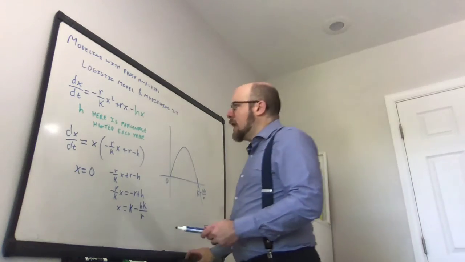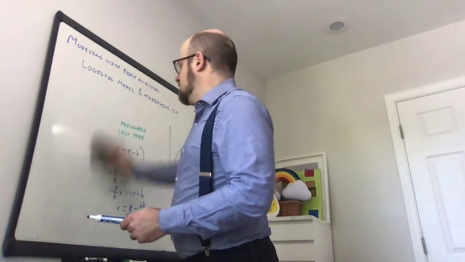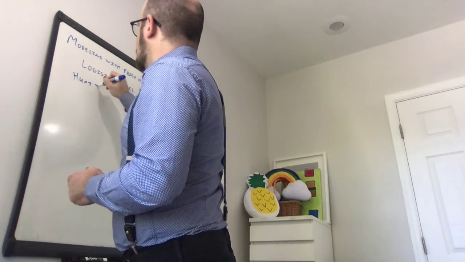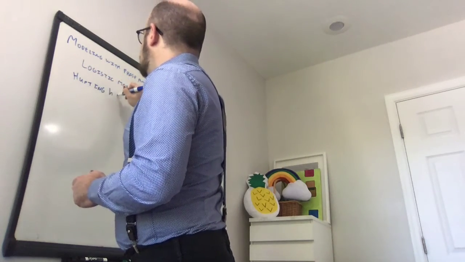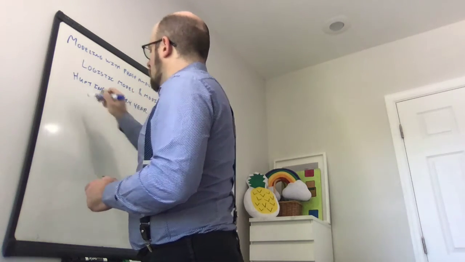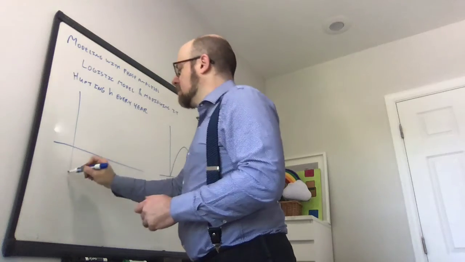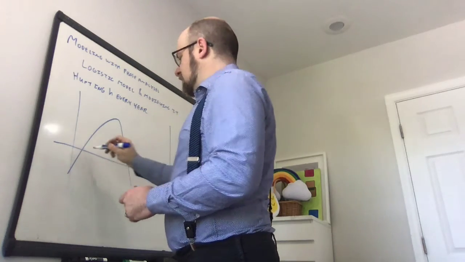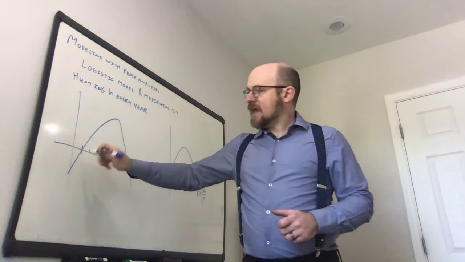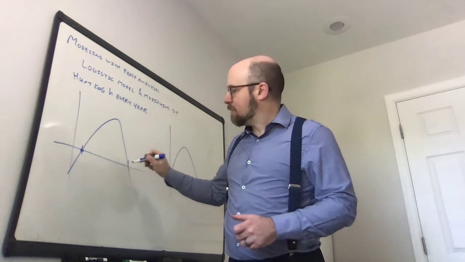If you think about what happened when we hunted a fixed amount, hunting H every year, that gave us a model that looked like this. We had this minimum viable population.